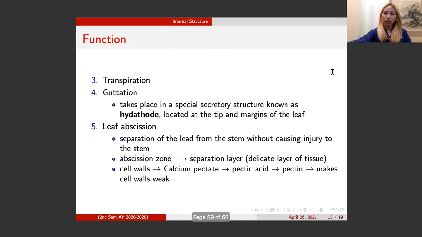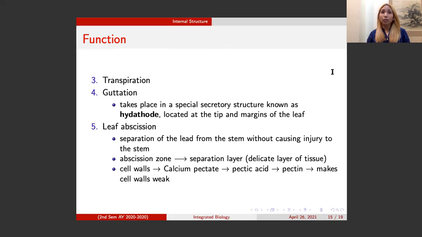Okay? And then of course, guttation, which I already discussed earlier, takes place in special secretory structures known as the hydathodes. These hydathodes are actually found at the tip and margin of the leaves, connected to the ultimate vein, and guttation is a process of expelling water during nighttime.